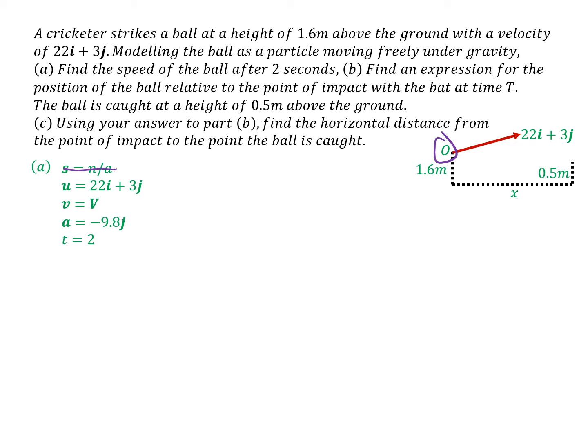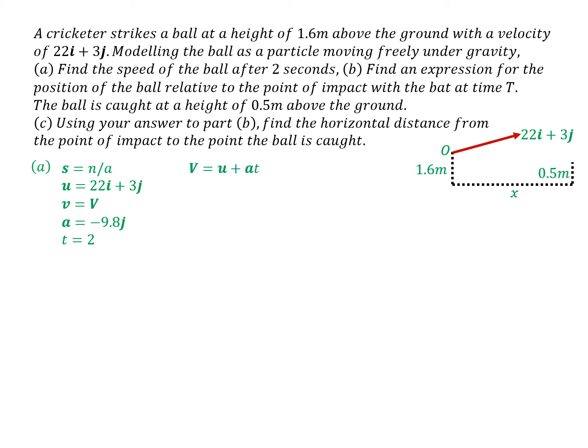The final velocity is v, because that's what we're trying to find, the speed of the ball after 2 seconds. The acceleration is minus 9.8, and I'm taking that and that as the positive direction. So the acceleration due to gravity has just got a component in the j direction. It hasn't got any i component at all.